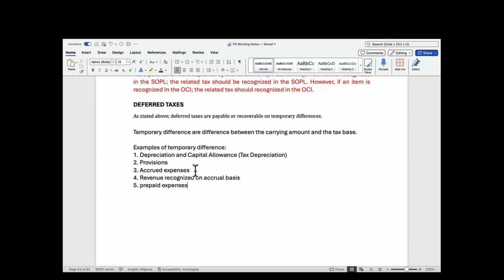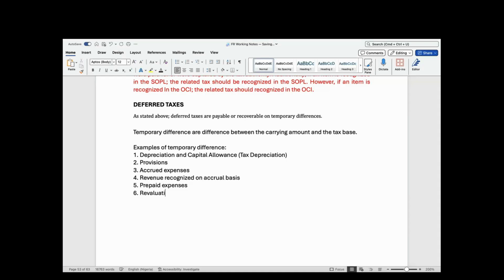Even though in reality, since it's only 1 year we'll have captured for the year, that is the only one they would put. That's the only one they will allow in most cases. But I'm just using this to explain, to make you understand what we mean by a temporary difference. So they will say, okay, since you have paid everything, we'll allow it. Then until you put it, you won't have everything in your books. So there will be a difference between your records and what they have captured.